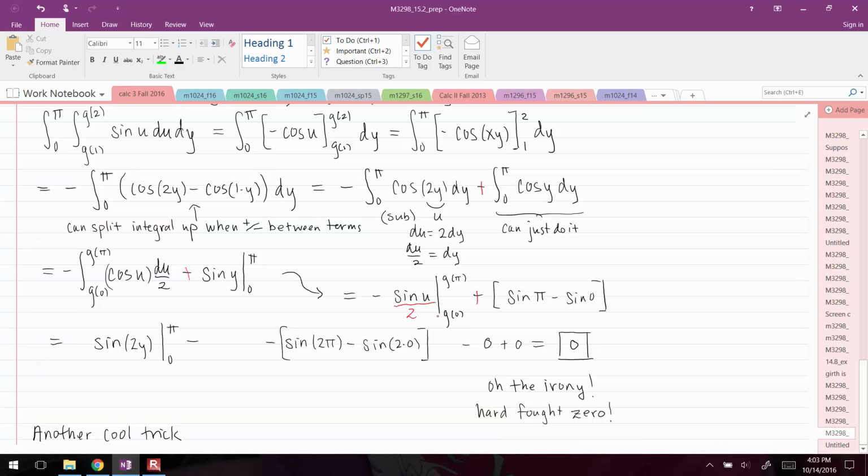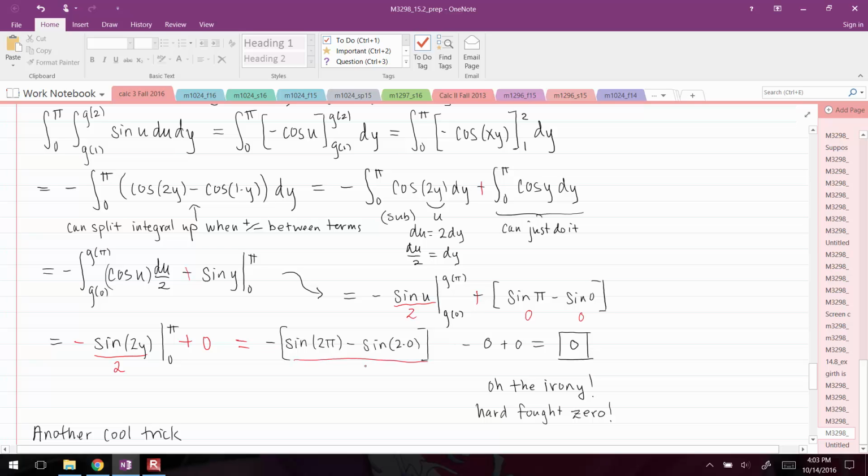Missed some stuff here. 2y plus, oh, I see what happened. So we need the 2 here. Need to carry that negative. And then it should have been sine of pi is 0. Sine of 0 is 0. So then what was missing here was a plus 0 and then an equal sign.